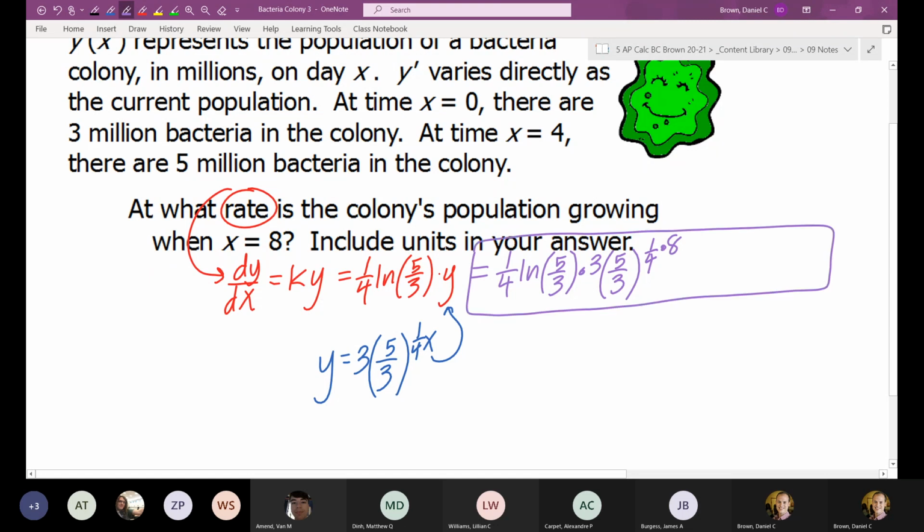What would be the units of that? Millions of bacteria per what? Per day. So again, we're just using what we found to plug in all those values and answer. The biggest mistake I see: people know that dy/dx is ky, they know they found k, and then they make the mistake of trying to plug 8 in for y. But we had to use that 8 to find the y and then plug it in.